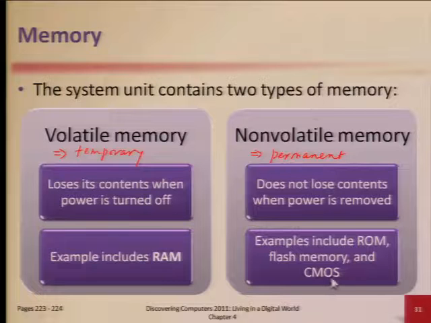The other term, CMOS, is a little bit controversial here, because CMOS is actually volatile, but for most computers, when you talk about CMOS, it is storing the basic settings of the PC. And normally there is a backup battery next to the CMOS. So even when you power off your PC, the backup battery should be able to hold the content of this CMOS.